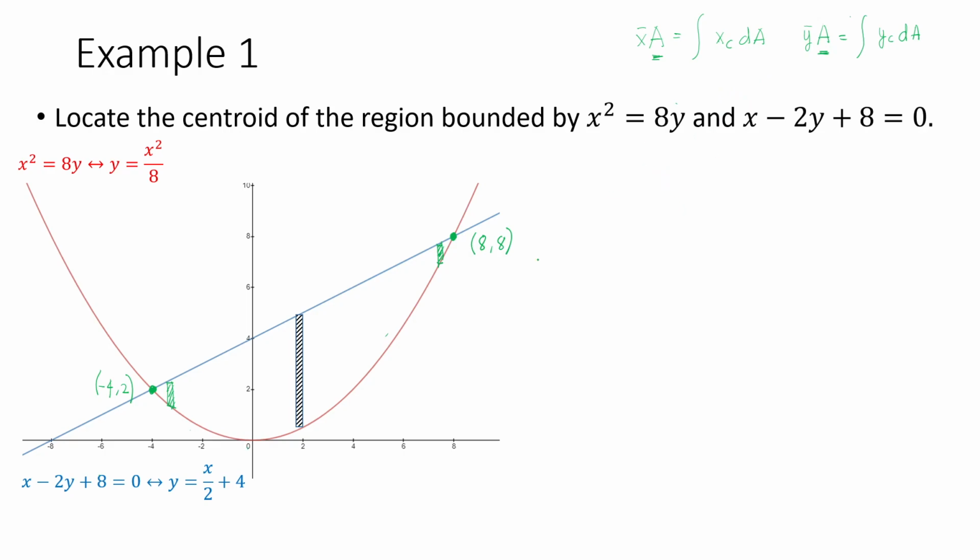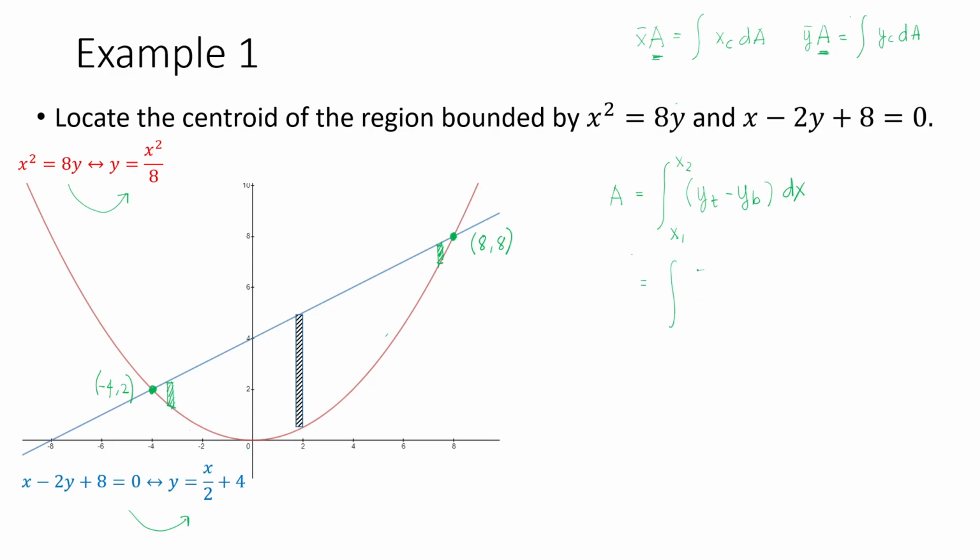Okay, so since we know how to solve for the area, area is just equal to, since we're using vertical strip, the integral of y top minus y bottom dx from x1 to x2. And again, it's clearly defined in the equation. So we already have converted it in terms of x.